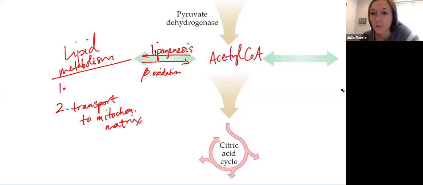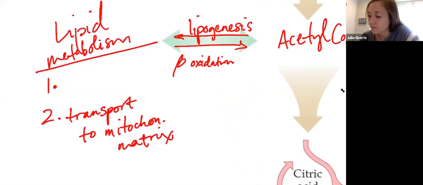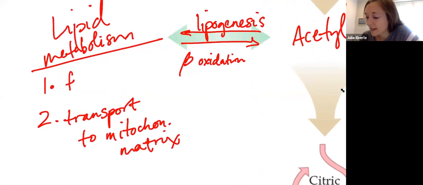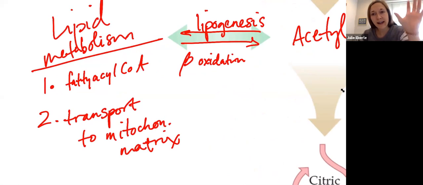Before that, we have what we call an activation step, and it requires ATP. We have to make a fatty acyl CoA. Basically, we take a fatty acid, we take the CoA enzyme, and we link them together. And that requires 2 ATP.